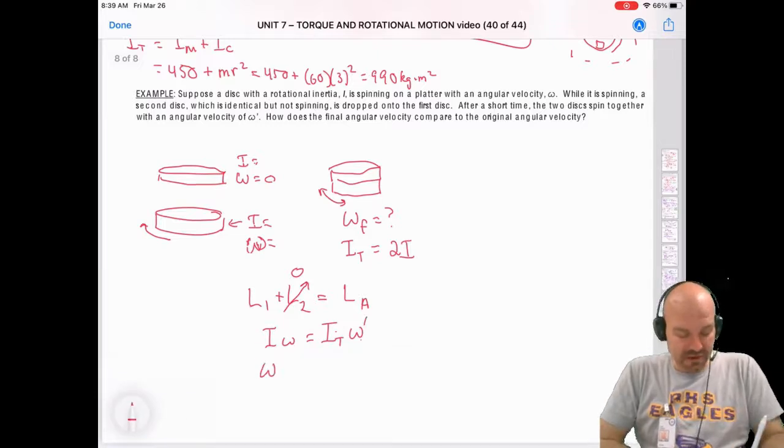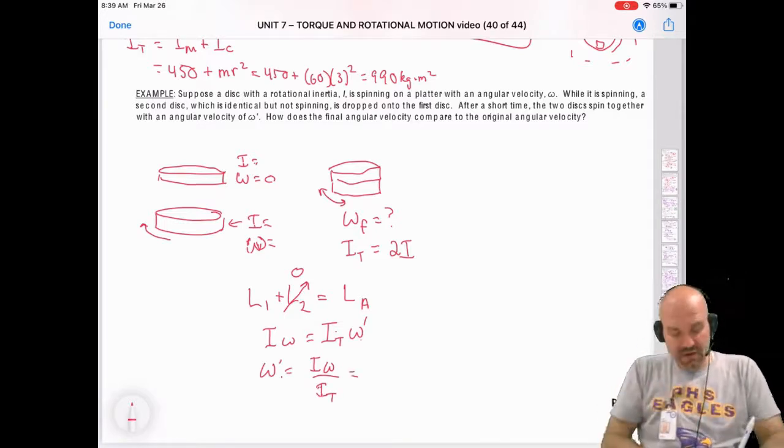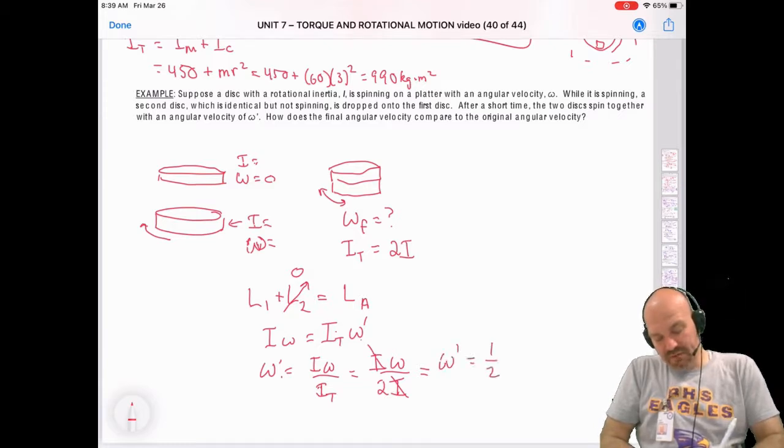And so we're going to say omega prime equals I omega over I total, but I total is 2I, right? And so I omega over 2I, but look what happens, right? And so omega prime is 1/2 of omega.